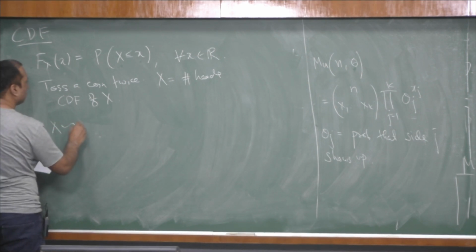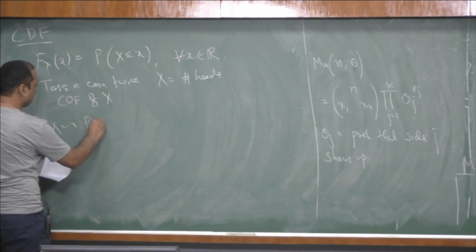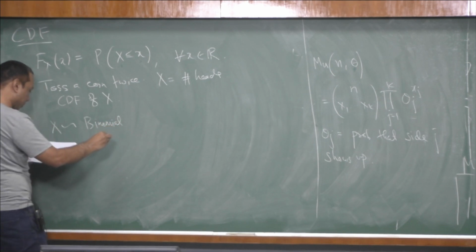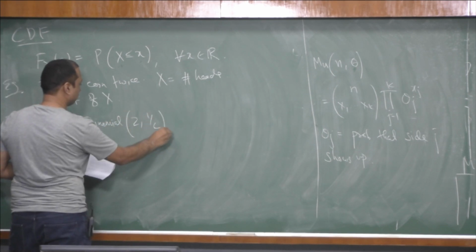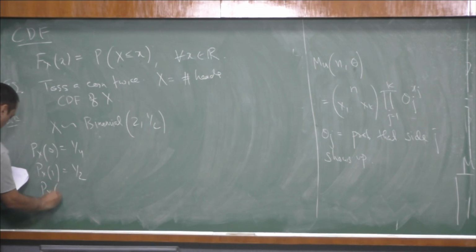X follows a binomial, and let us assume a fair coin, so the p for the binomial will be 1/2, the probability of head. n is the number of times I toss a coin, so here it is 2, and p is the probability of head, which is half since we assume a fair coin. If we plug into the binomial formula, the probability values come out to be 1/4, 1/2, and 1/4 for 0, 1 and 2. And 2 is the max we can get.